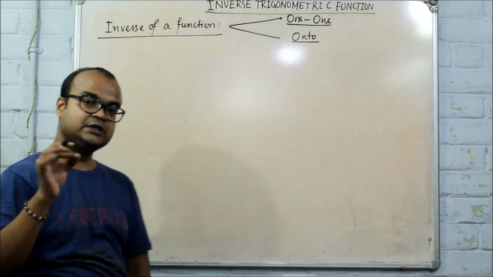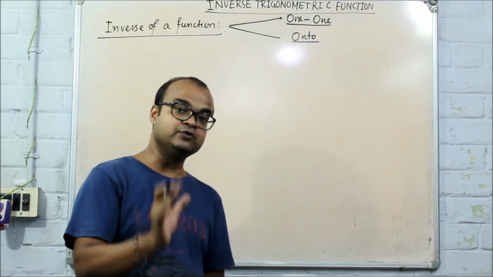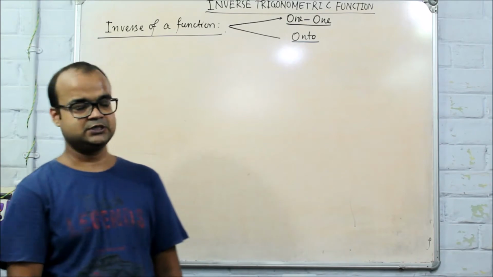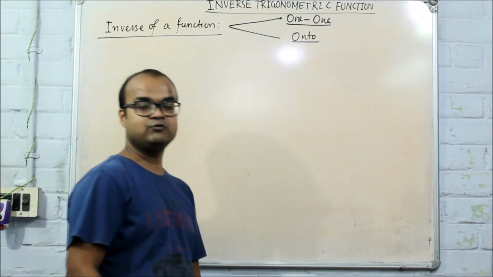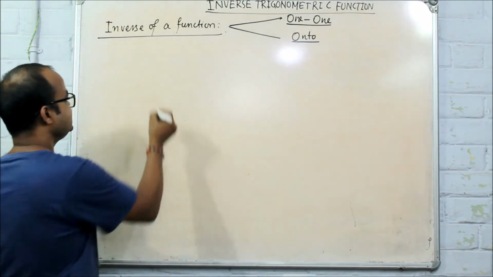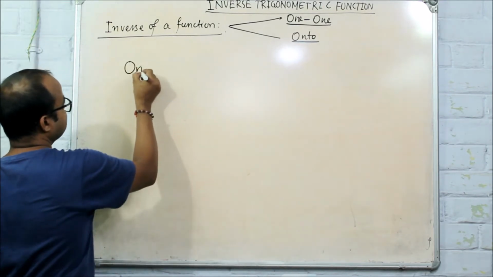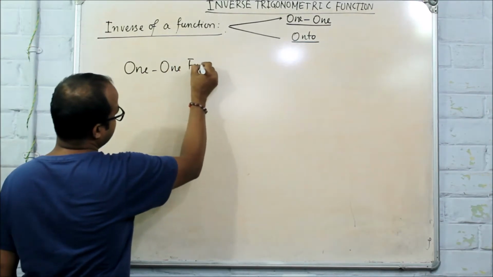If a function is 1-1 and onto, then only the inverse of a function exists. Now what is the meaning of 1-1 function and what is the meaning of onto function? Let us discuss first the 1-1 function.